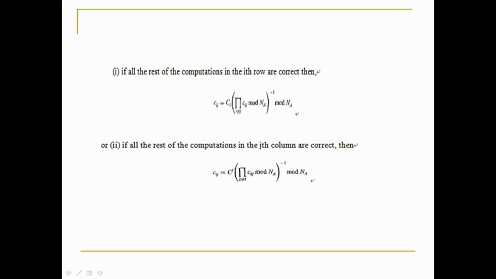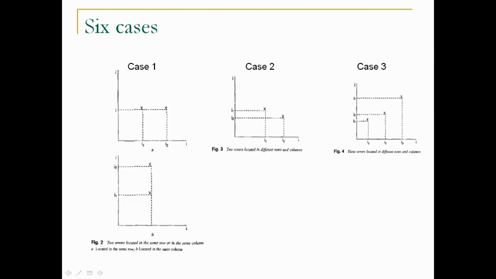There are 6 cases that can be made. In case 1, there are 2 errors located in the same row or the same column.